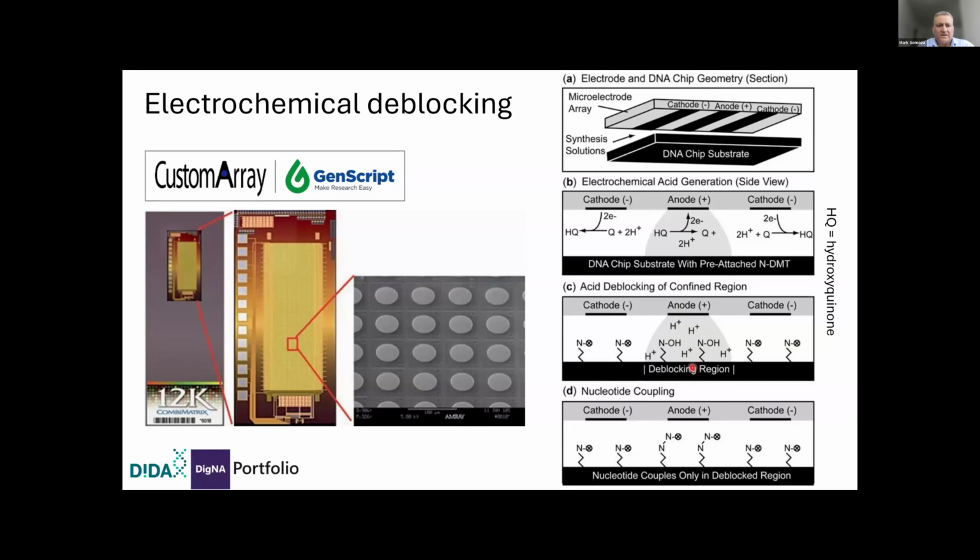I think the downside of this approach is that the chemistry is simple, but the substrate is very complex. So you can see here on the left, you need a large-scale semiconductor substrate that has been made in a large fab that has hundreds of thousands or maybe millions of different individually addressable anode-cathode pairs, so that you have at least one transistor for each of these.